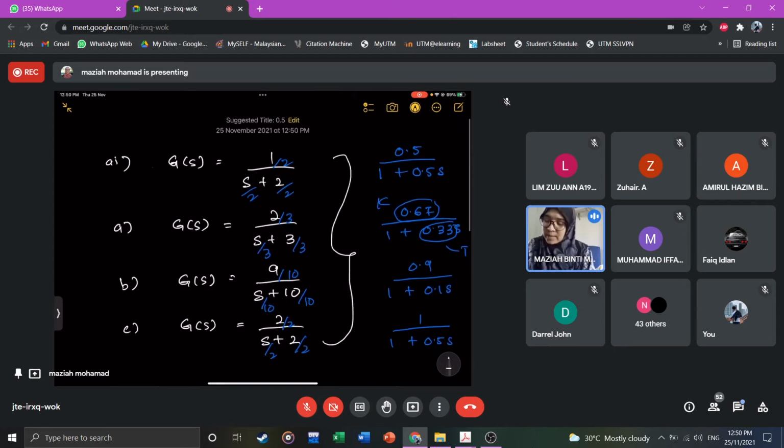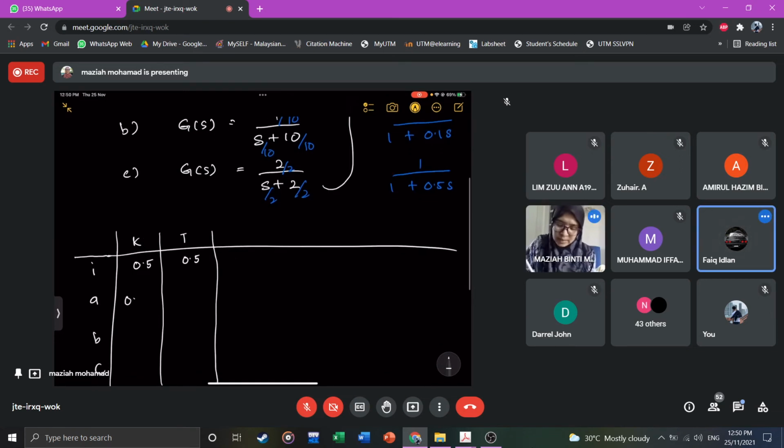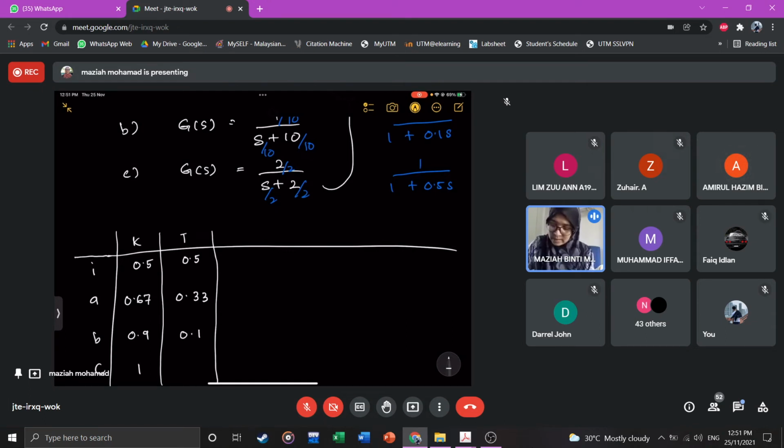For A, it is 0.67 and 0.33. For B, it is 0.9 and here is 0.1. The last one is 1 and then it is 0.5. So that is the value of K and T.